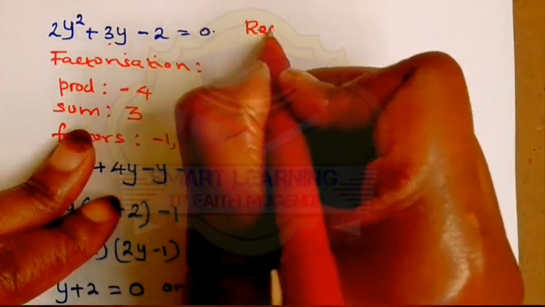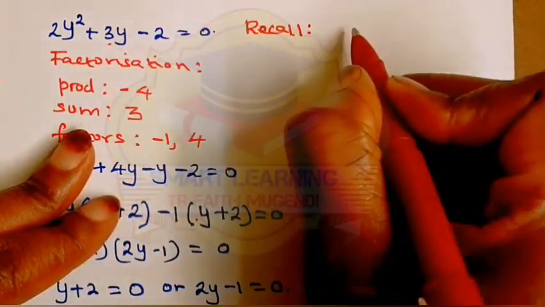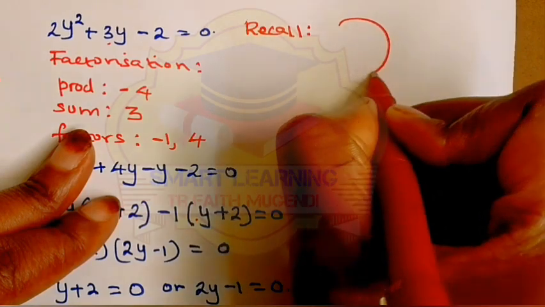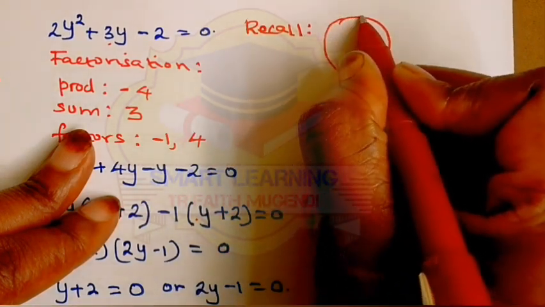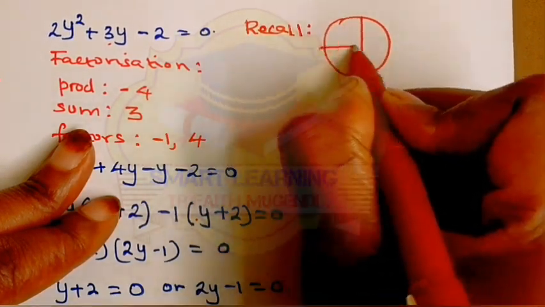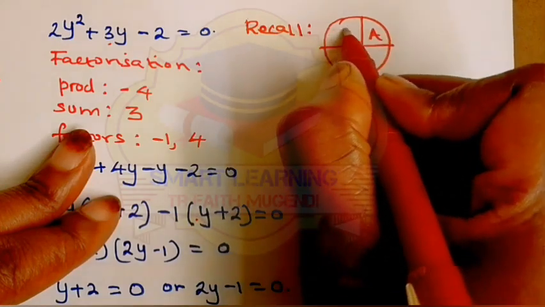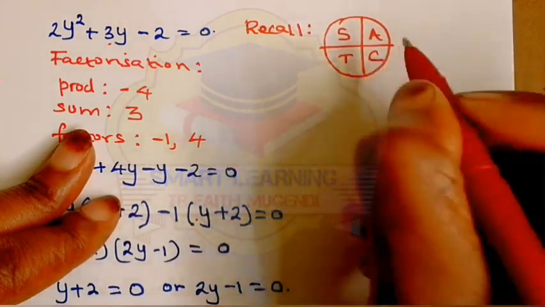Let's recall the unit circle, where we say all students take coffee.